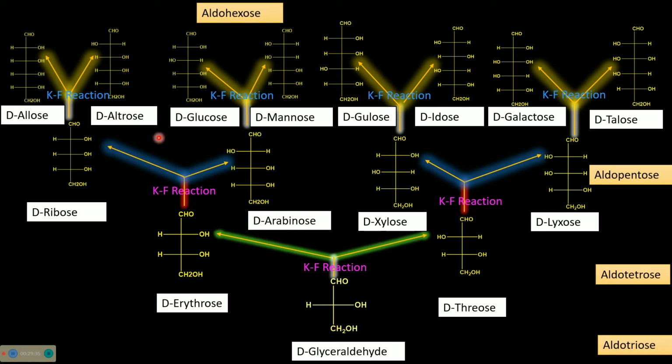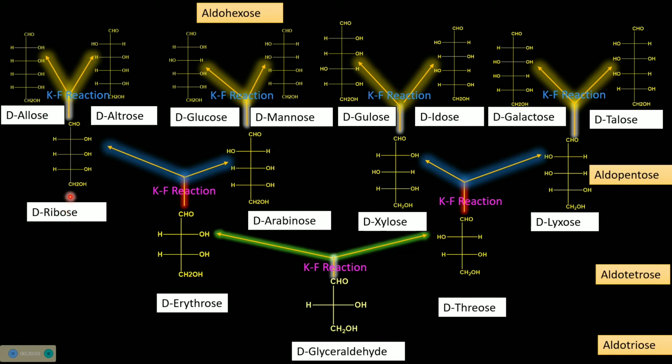And within the next 2 minutes I will also show you how to remember the names. You have to remember these names in this way. Then you will find a proper way to write the structure, and also how to remember the name of each structure in the following way.